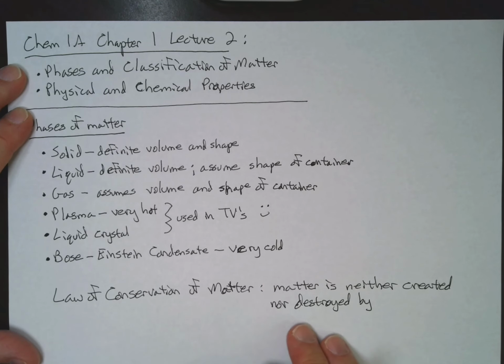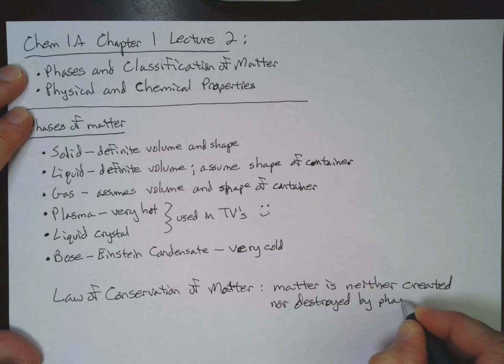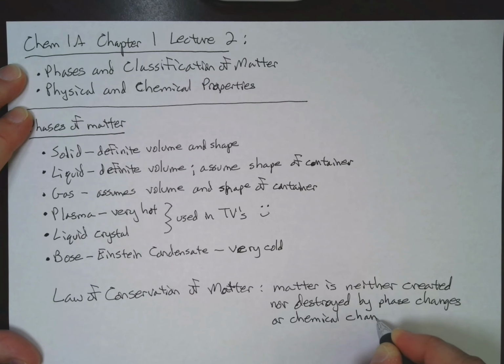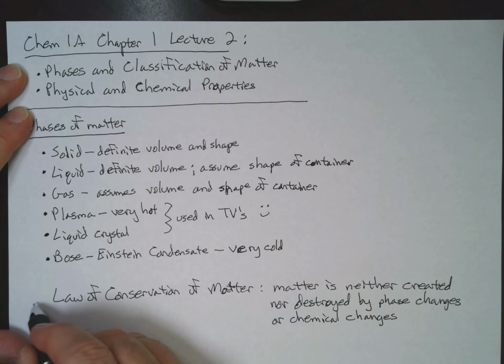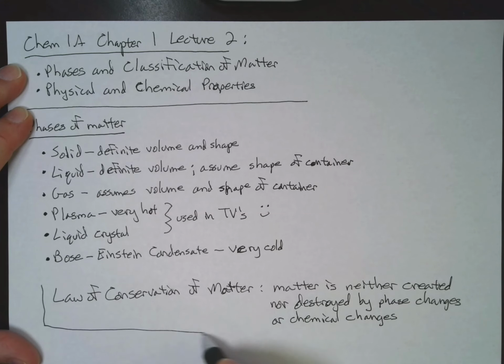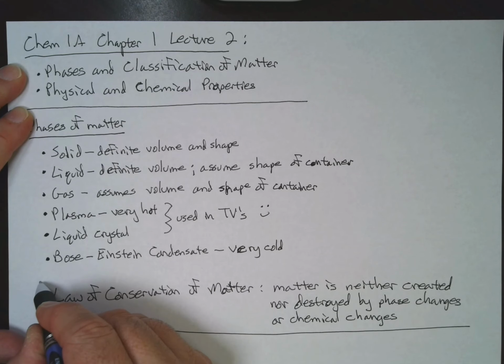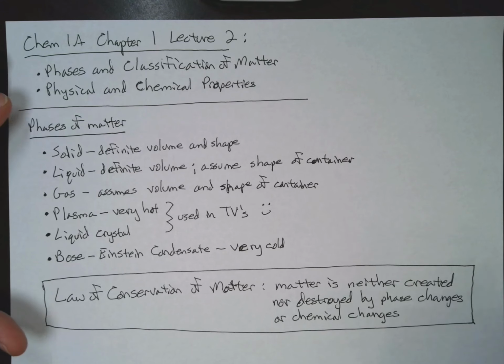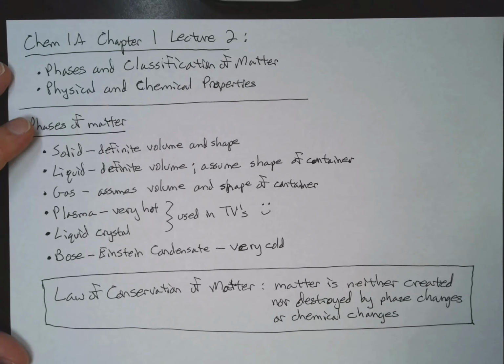So matter is neither created nor destroyed by phase changes or chemical changes. We'll talk about what a chemical change is in just a little bit. So we're never going to get out more mass than we start with. So if you do a reaction and you end up with more mass than you theoretically should, then something went wrong, and somewhere along the way you picked up some extra solvent or something like that.